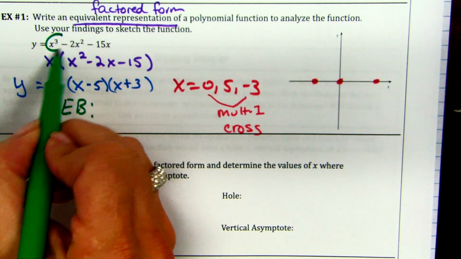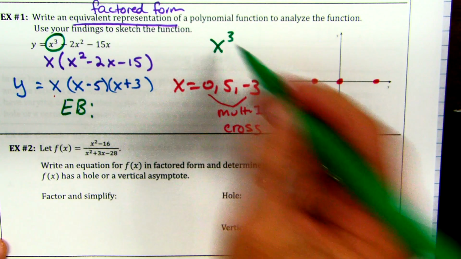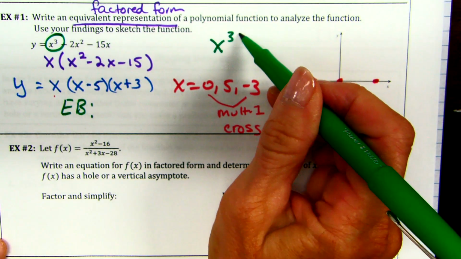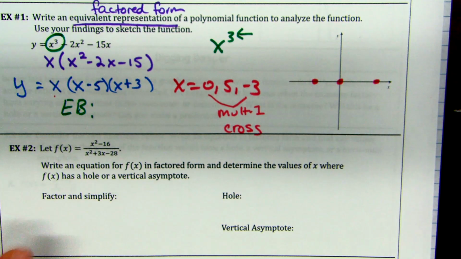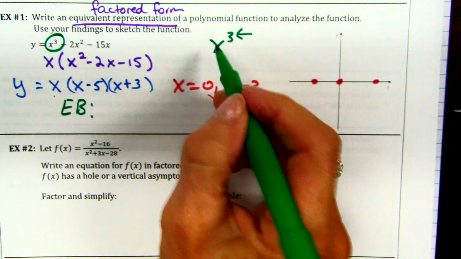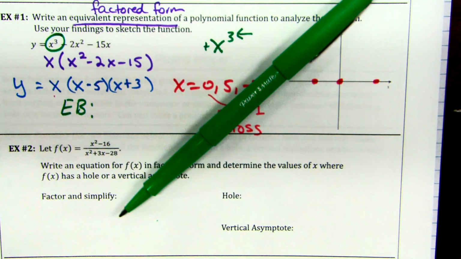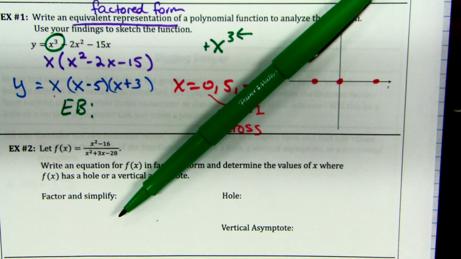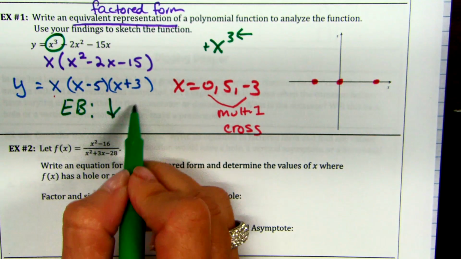So this is our first term. Remember how we do this. When the degree is odd, that means our end behavior is going to go in the opposite direction. Opposite, and it's positive in front, so it's going to be like a line with a positive slope. It would be down and up, right?